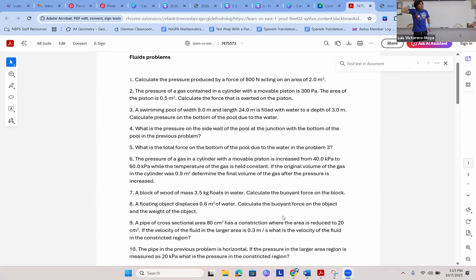So if the body is floating, then the weight of the body is equal to the buoyant force.